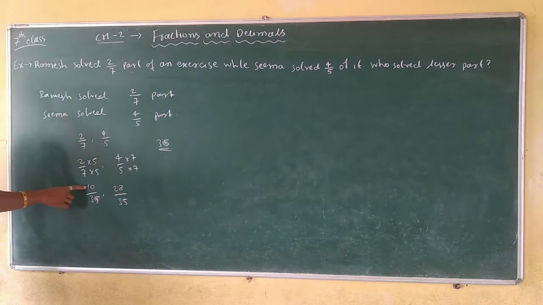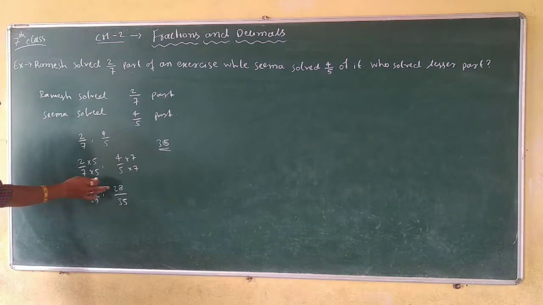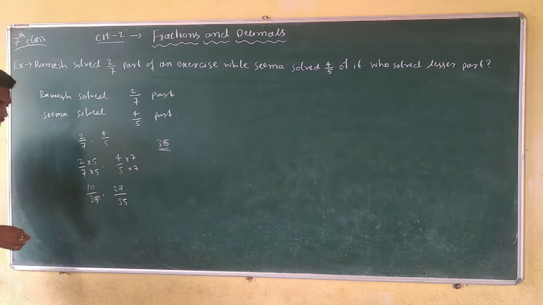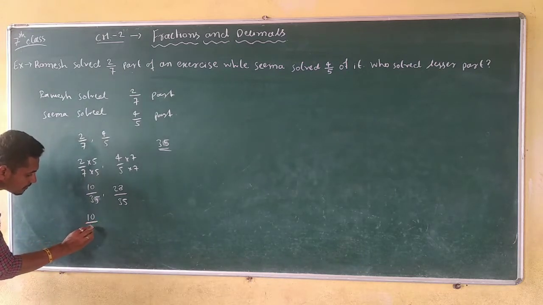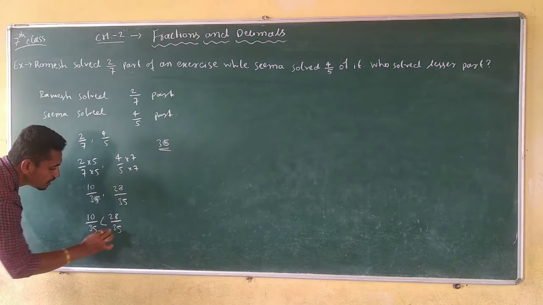Now see here, 10 divided by 35 and 28 divided by 35. The 35 and 35 are equal to each other. Now the denominators are equal, so compare only the numerators. Which one is smaller here? 10 is smaller. So 10 divided by 35 is smaller than 28 divided by 35.